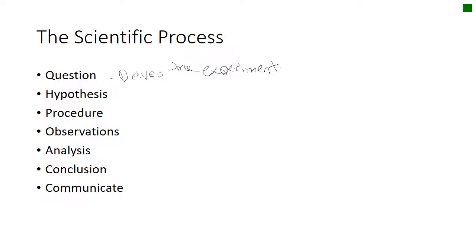After the question, there is what's called the hypothesis. And all the hypothesis is, it's an educated guess. Okay, and the reason why it's called an educated guess is because you're not just going to guess what the answer to your question is willy-nilly, right?